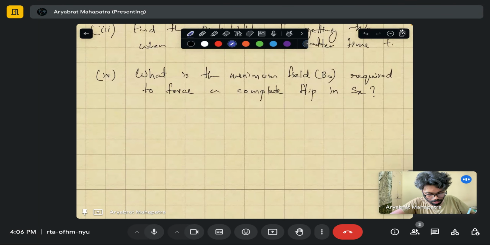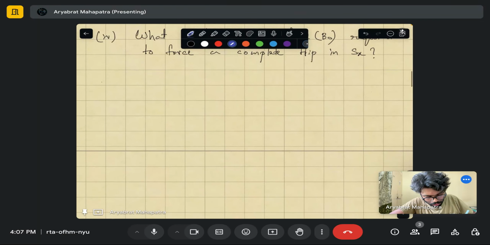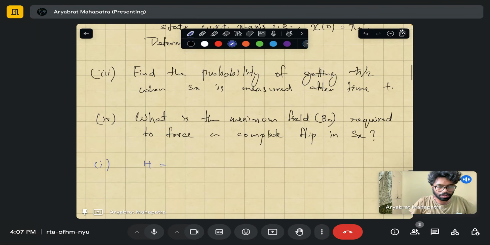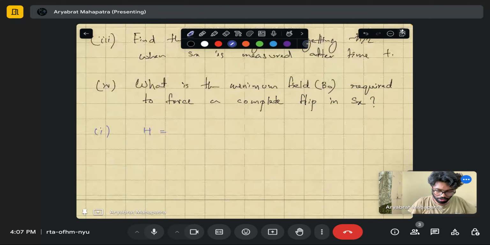Okay, so let's see. The Hamiltonian is, I hope you know something about this: when a charged particle is kept in a magnetic field, the charged particle will have some magnetic potential energy.